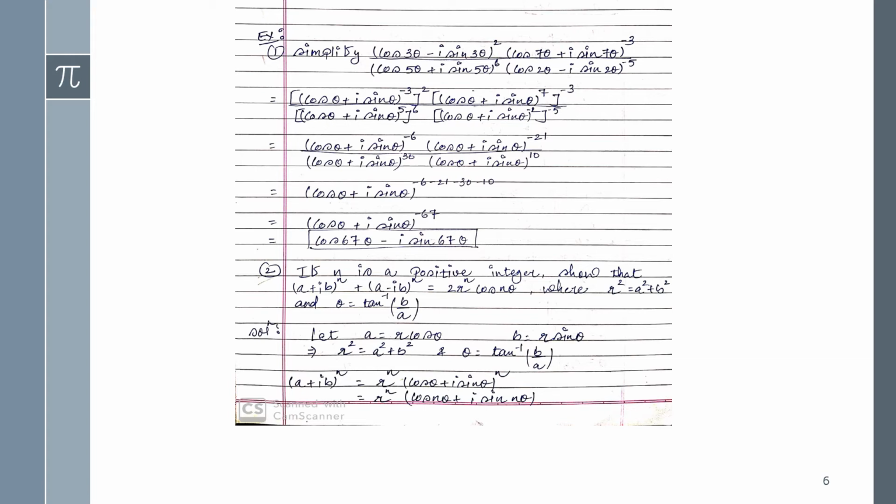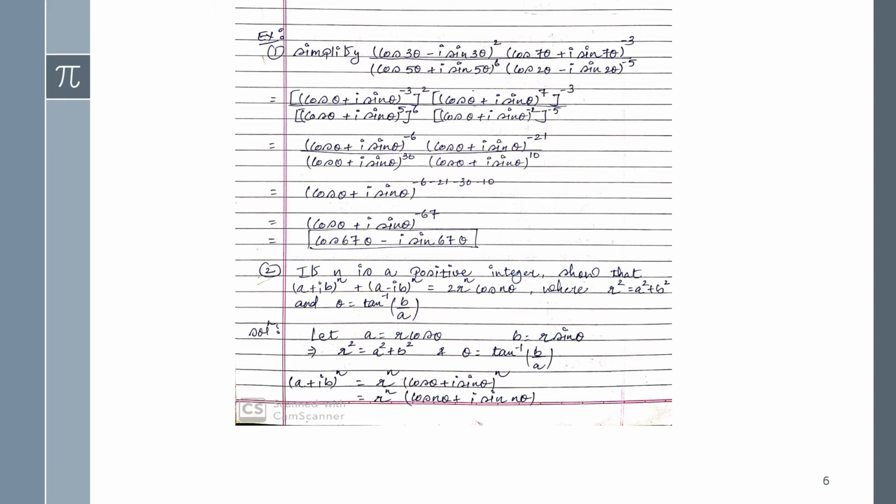Now next, first of all let me clarify one thing. Here you have to convert into the cis form only, always you have to convert into the cos theta plus i sin theta form, that is, the cis theta form. Okay, so same here, I am removing the 7. So from here you have to remove 7, it means you have to use De Moivre's theorem.